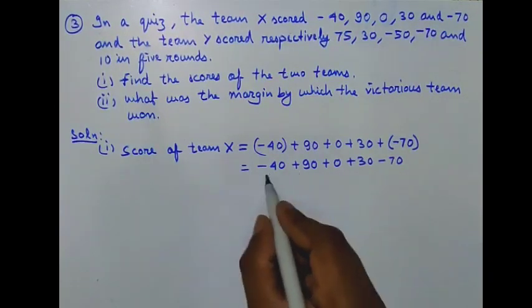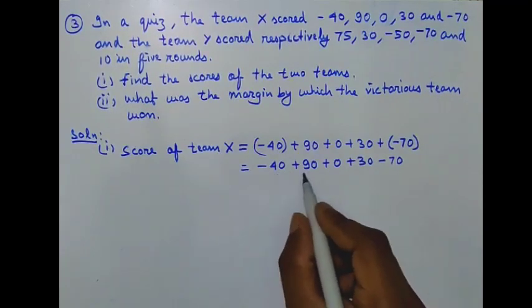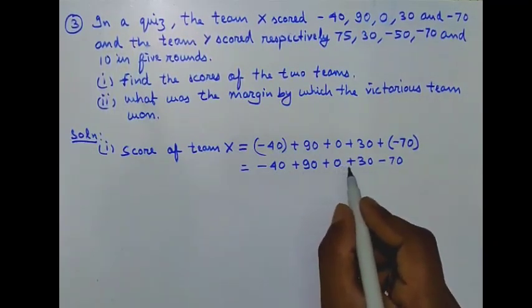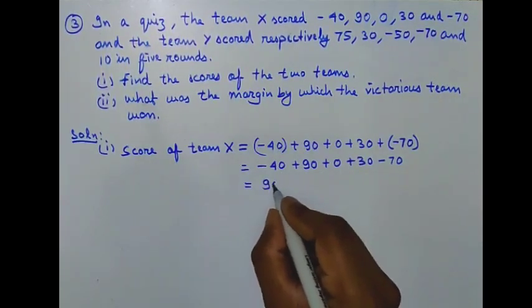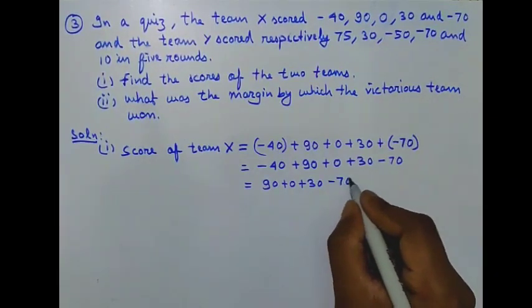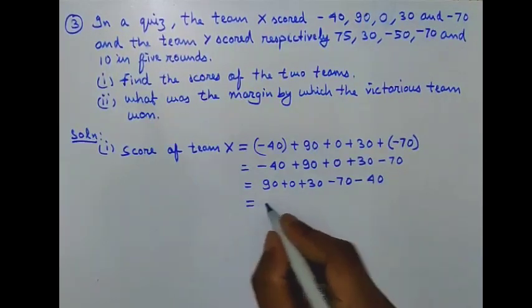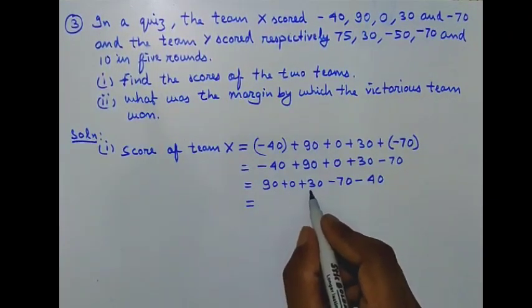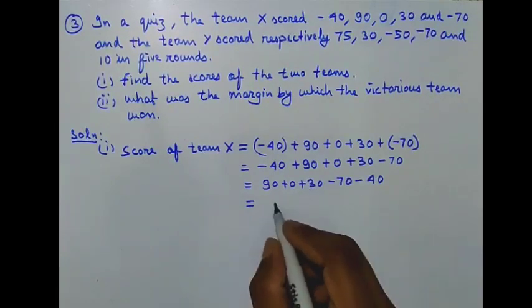Now simply we can do the operation. So let's bring all the positive integers to one side and take the negative integers to one side. Let's add the positive integers together.